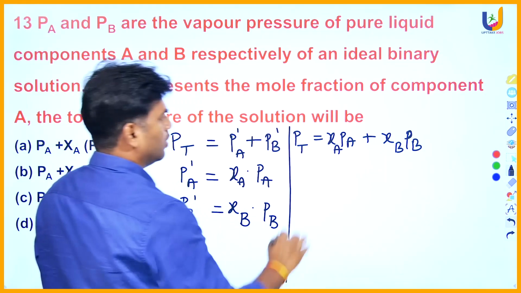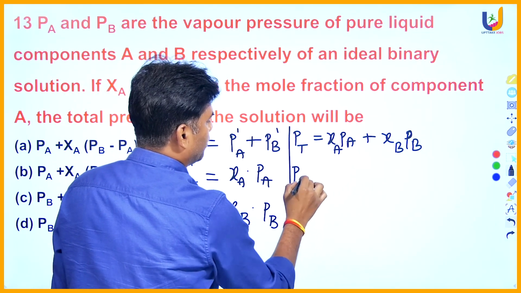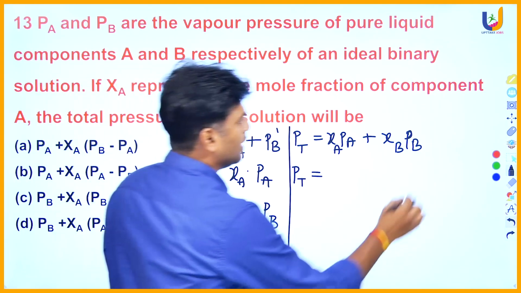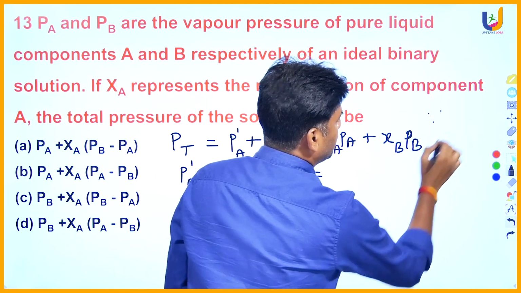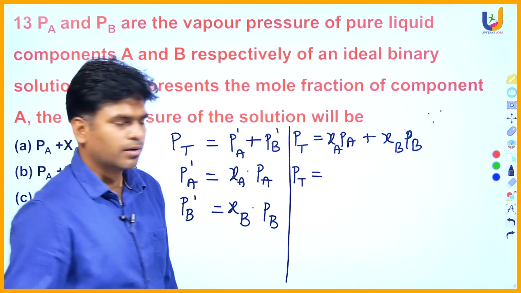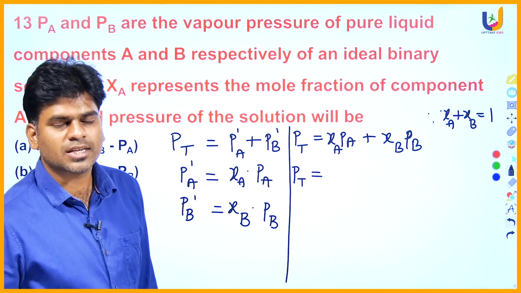Now the total vapor pressure of a solution is equal to, as we know, the relation is that the sum of the mole fractions is always equal to 1. Xi A plus Xi B is always equal to 1.